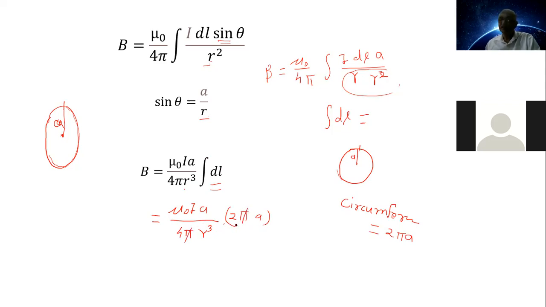Pi gets cancelled. 2 cancels 2, and we get 2r cube here. Mu 0 I A squared will be in the numerator and 2r cube in the denominator. That is, we write here B is equal to mu 0 I upon 2, in bracket a square upon r.